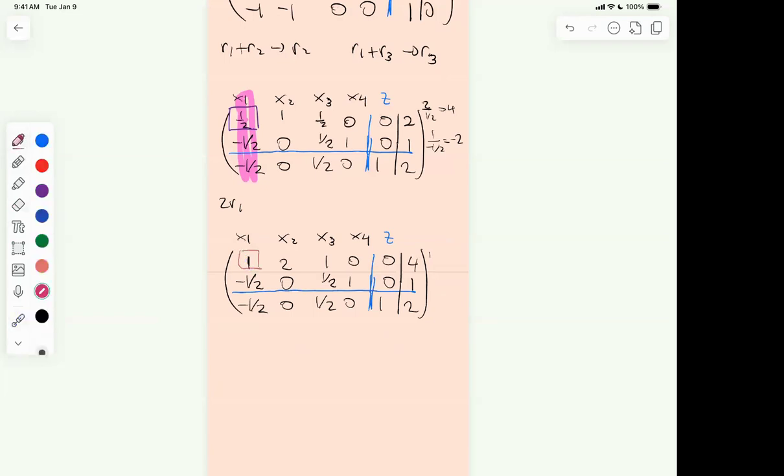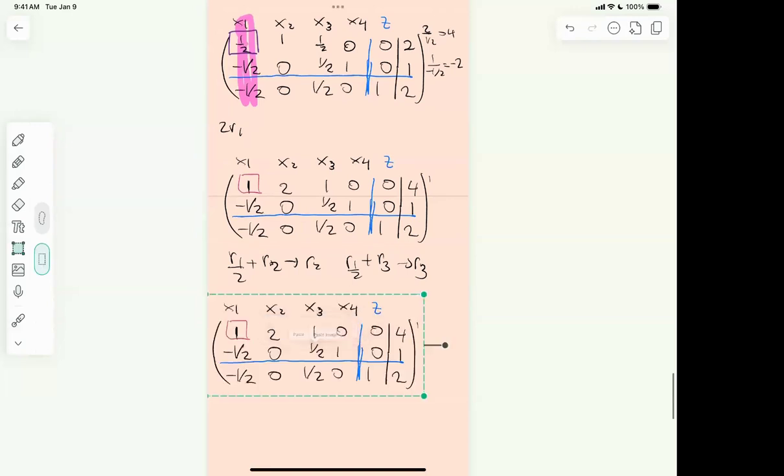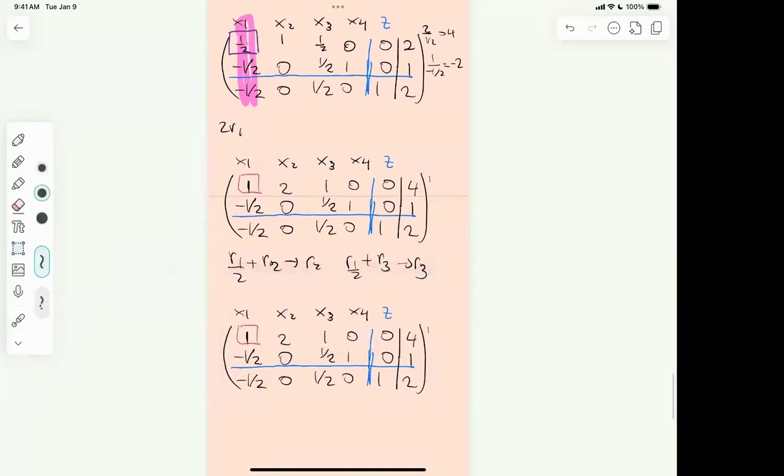I'll do row 1 over 2 plus row 2 into row 2. And then I'll do row 1 over 2 plus row 3 into row 3. And let's see, what do I get here? And hopefully, I think this will be the last step, if I'm not mistaken. Right.